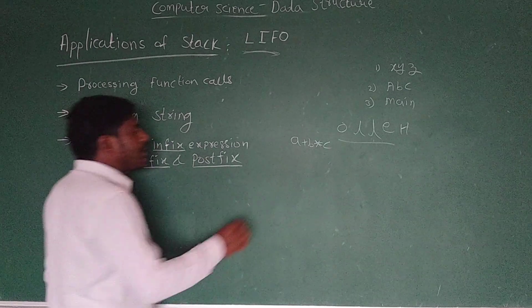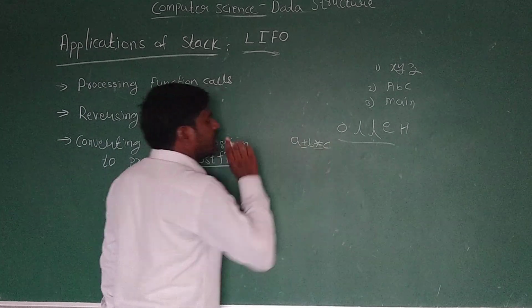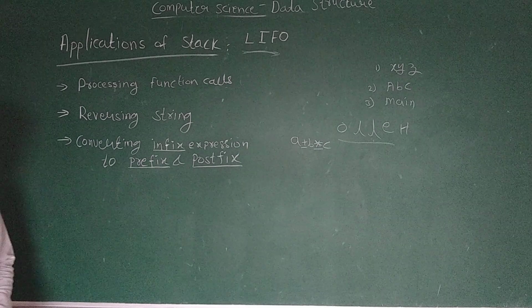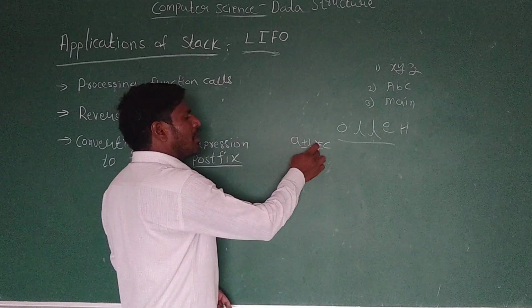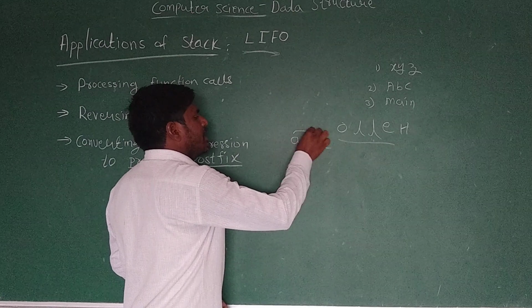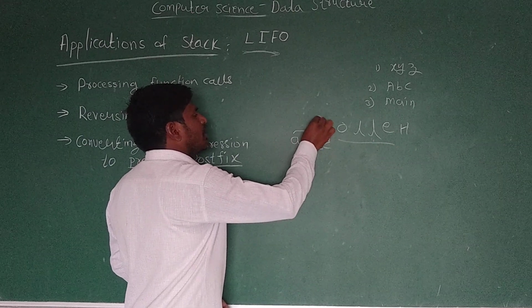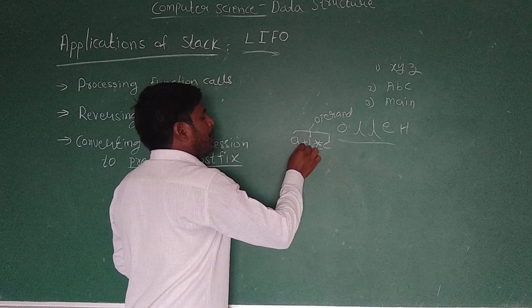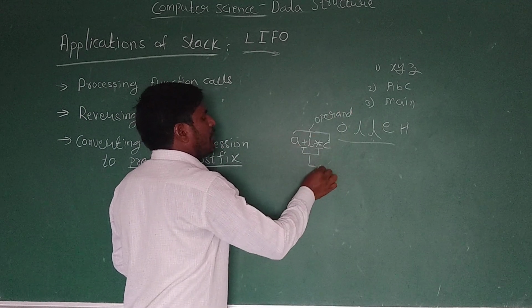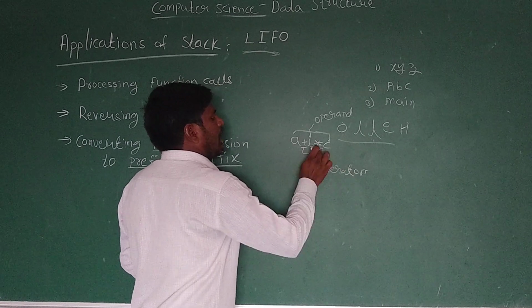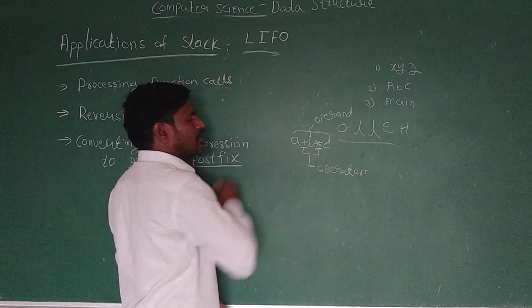Here the operators are plus and asterisk, that is the multiplication symbol. This is the addition operator, this is the multiplication operator. A, B, C are the operands. Plus and asterisk are the operators.